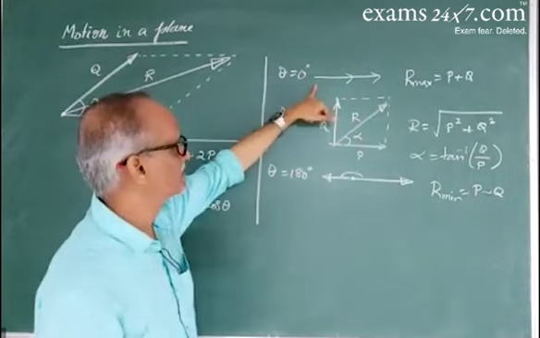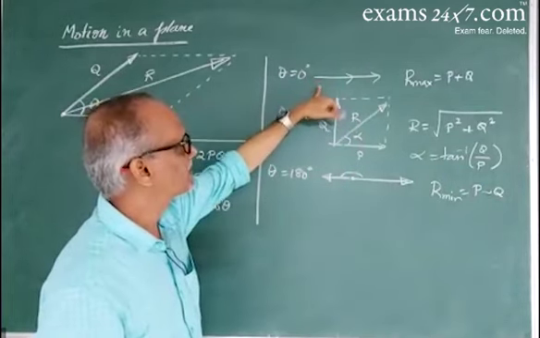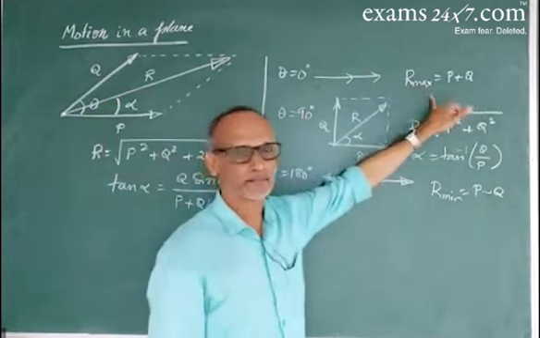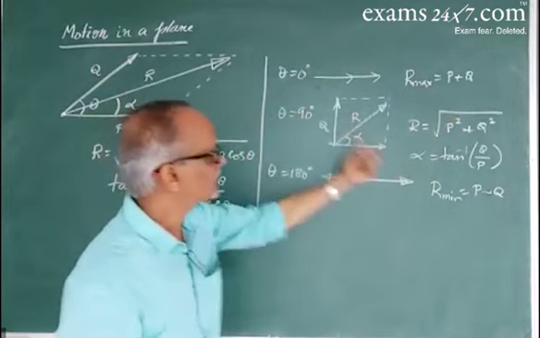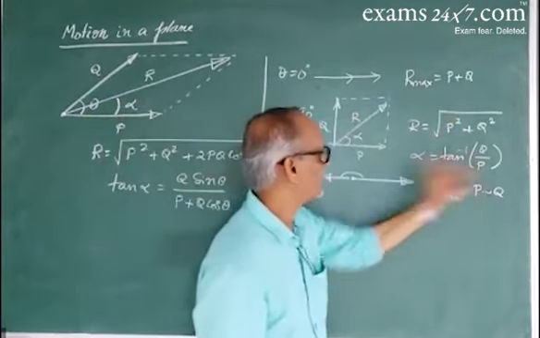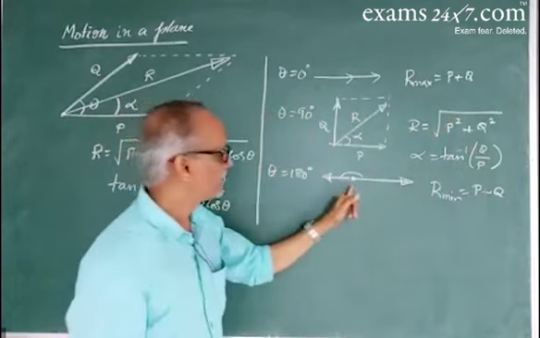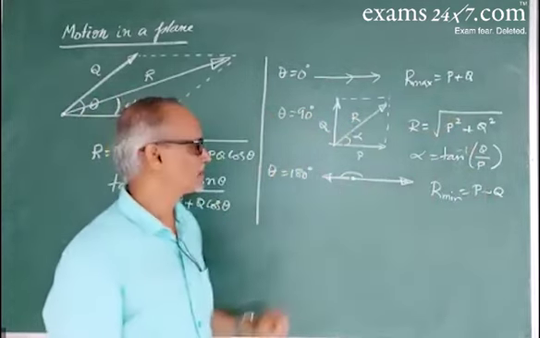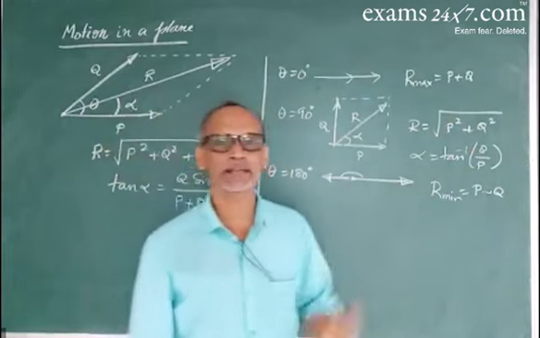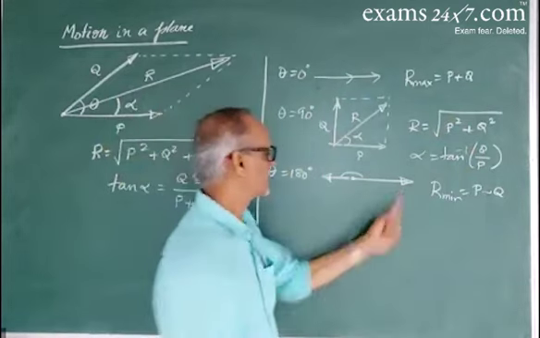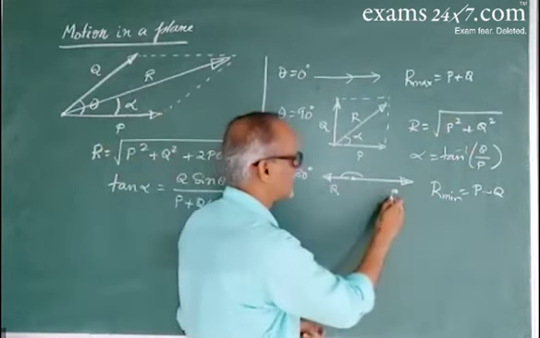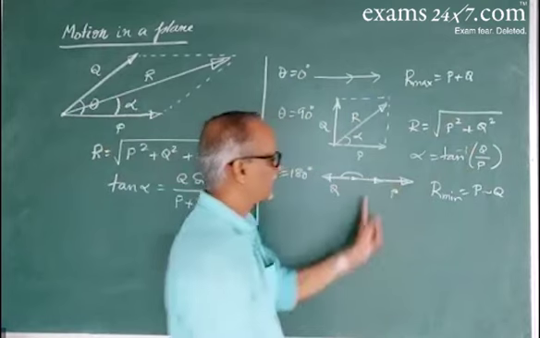In the first case, the direction of the resultant is along the given vector. Here, the direction is already given by the equation alpha is equal to tan inverse of q by p. And in the last case, the direction of the resultant is always along the greater vector. If p is greater, then the resultant will be along p.